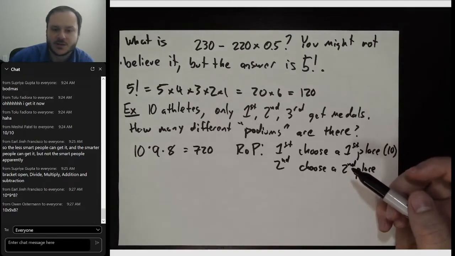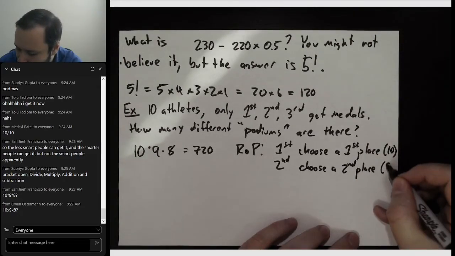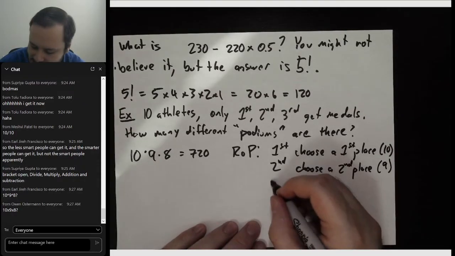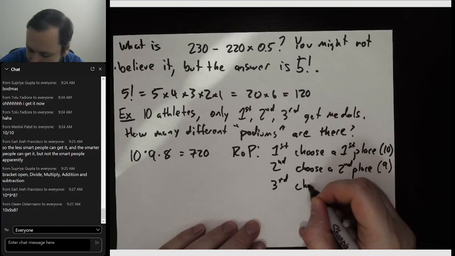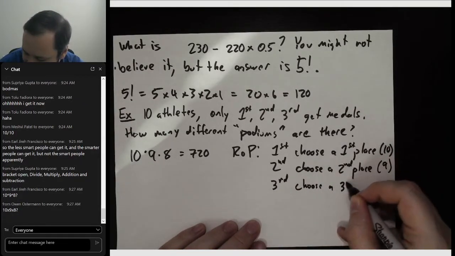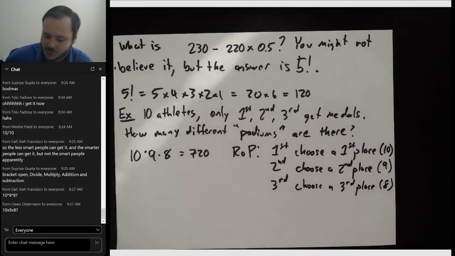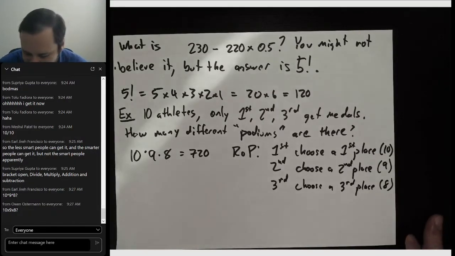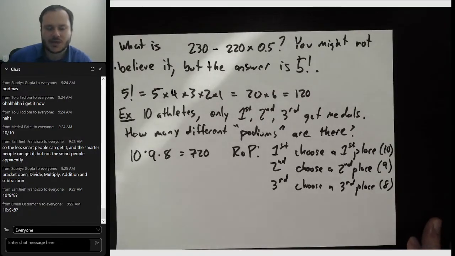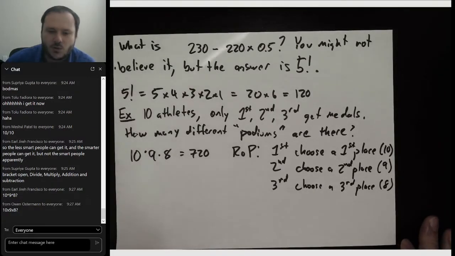They're already first. So we have 9 people left over for second place. And then third, we choose a third place finisher. 8 options left over for that. Multiply them together, 10 times 9 times 8. So what we're doing here is sort of a permutation, but we're not rearranging all 10 athletes. We're only choosing 3 of them.